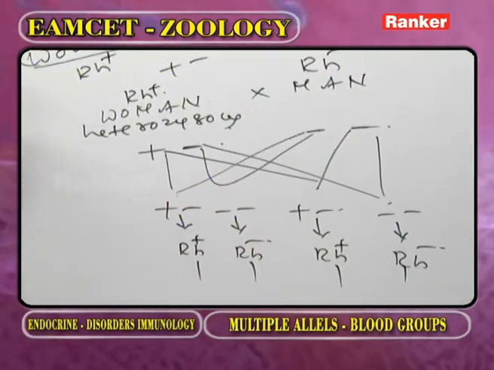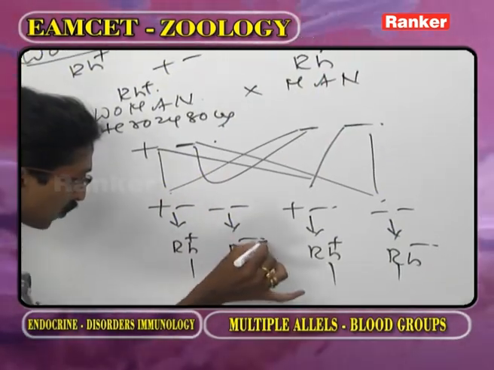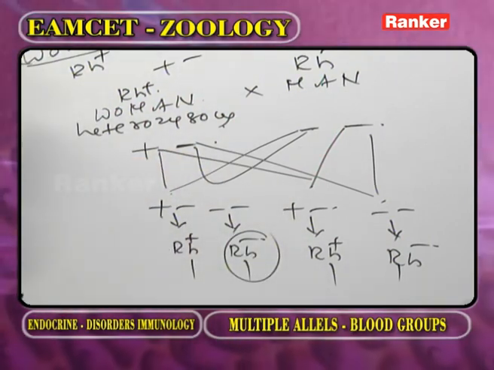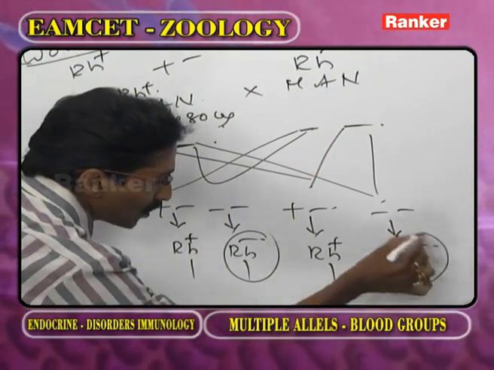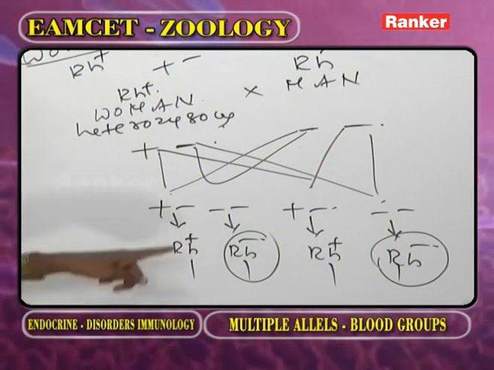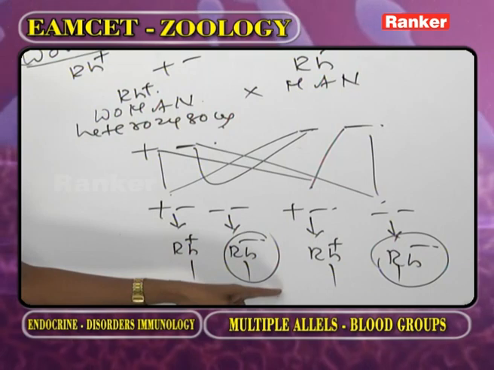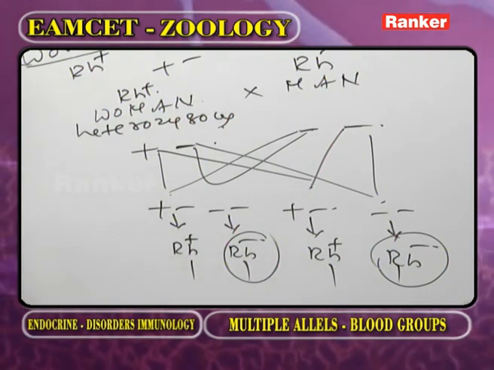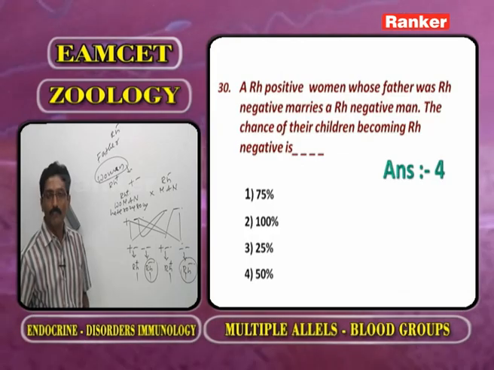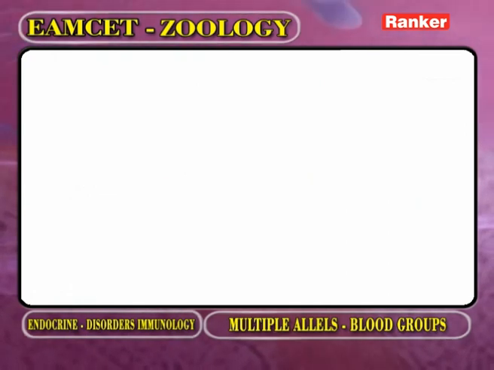As we observe the children, out of 4, two have no Rh antigen. So how many do not get it? 50%. Out of 4, how many do not get? 2. So here the answer is 50%. Next question.